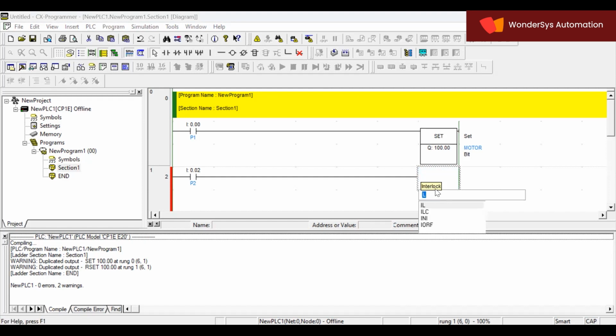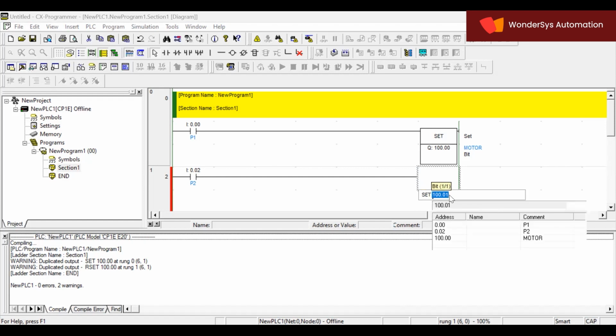I means interlock, so this block is also called the interlock block. There you have to give a command. I'll give set. When I type set, it will come. Select that. Now it is popping the next address.